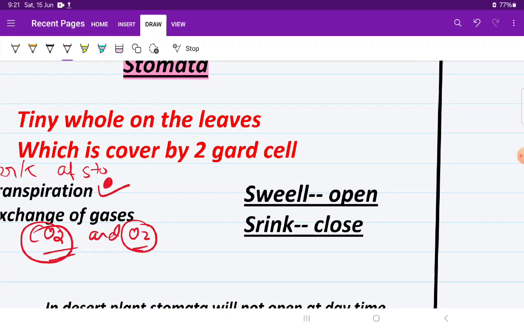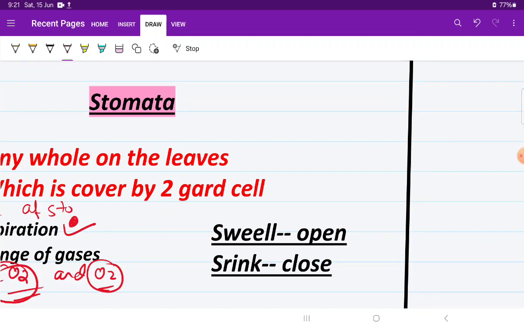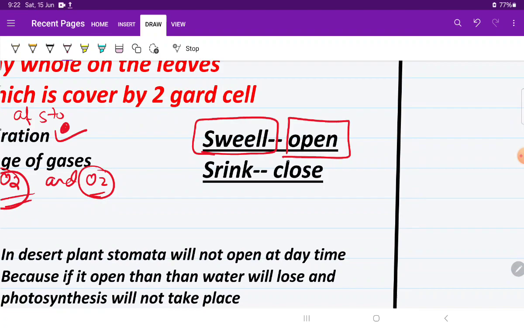At the start of the topic of stomata, I said there are two guard cells. The guard cells operate the opening and closing of the stomata. When the guard cells swell, the stomata open. How do they swell?